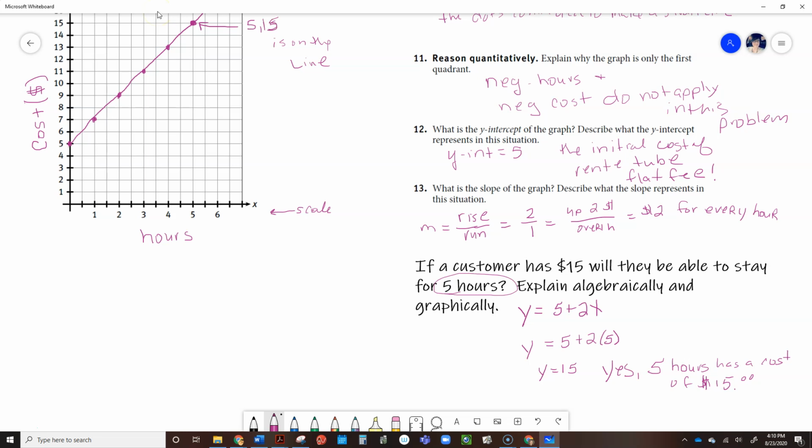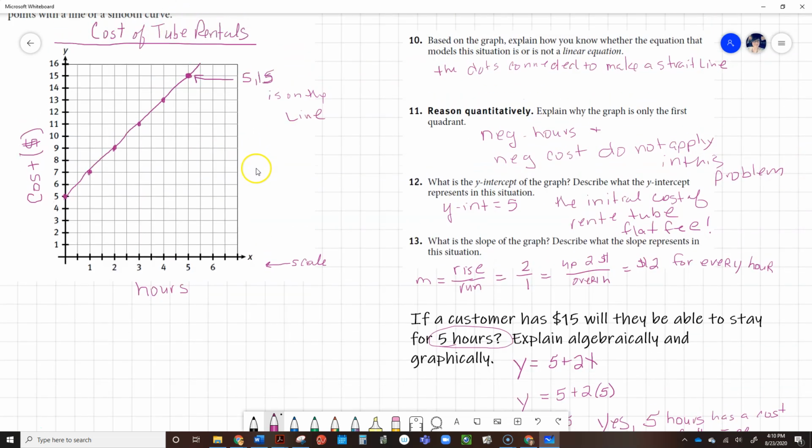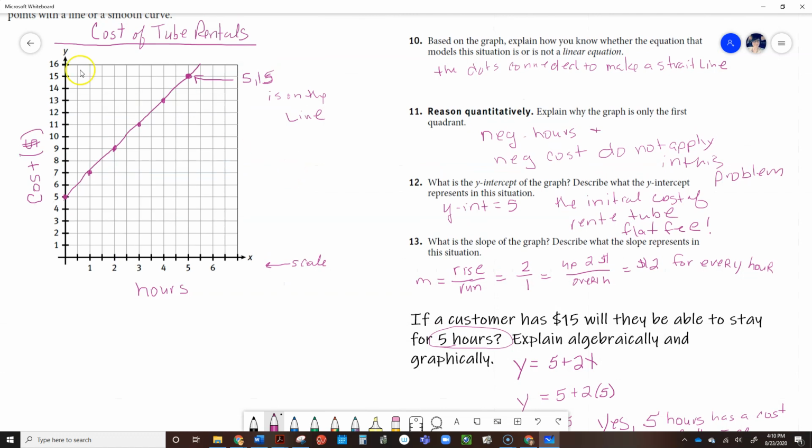Now let's talk about what if the person had $16? Would they be able to stay for 5 hours? Here's the point right here, (5, 16).